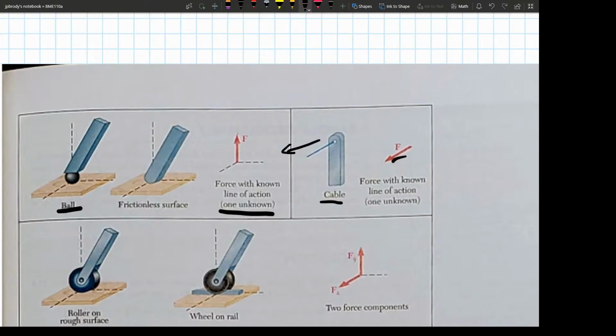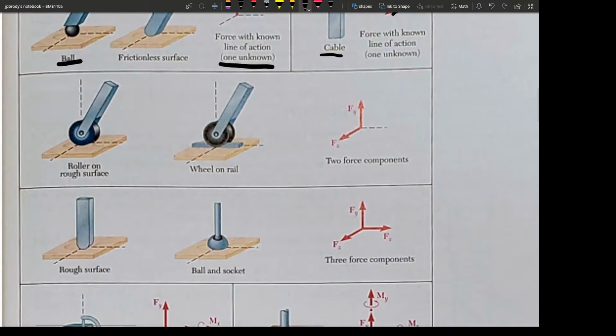Then below, what do we have here? We've got a roller on a rough surface, or a wheel on a rail. These have 2 force components here in 2 different dimensions, and you can see one is perpendicular to the surface.